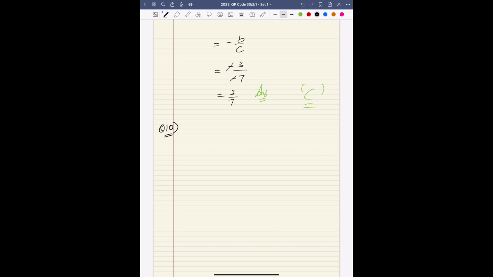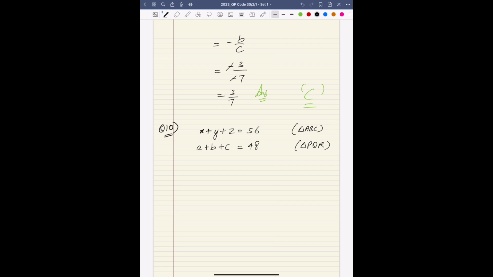Let's say the sides of triangle ABC are x, y, z. This is triangle ABC, and the perimeter is 56. For triangle PQR, with sides a, b, c, the perimeter is 48. Right now, we have to find PQ upon AB.